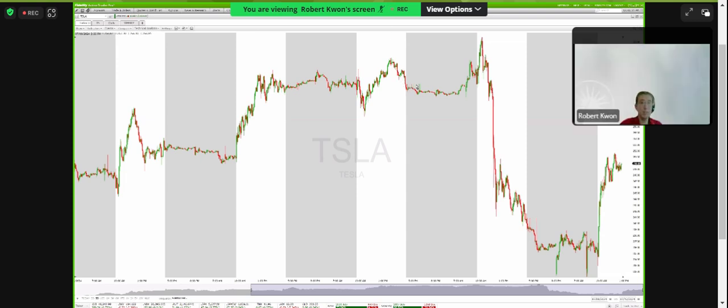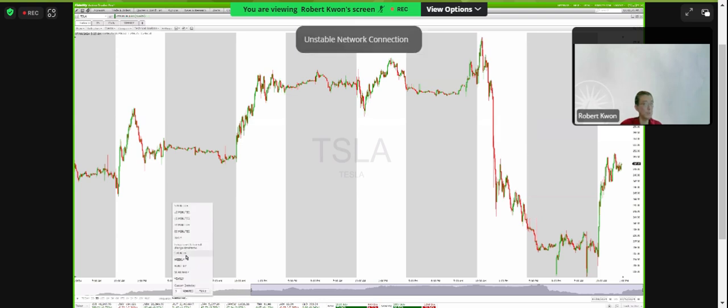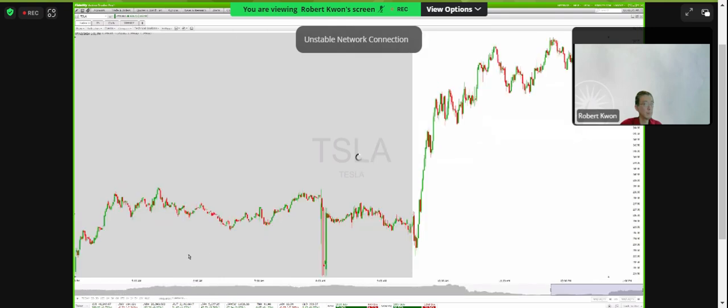Yeah, so Tesla's always been a very volatile stock, much more than the market. So let's think about the things we just talked about on the S&P. Let's go to a 1-minute chart. Look at the chaos right at the open.